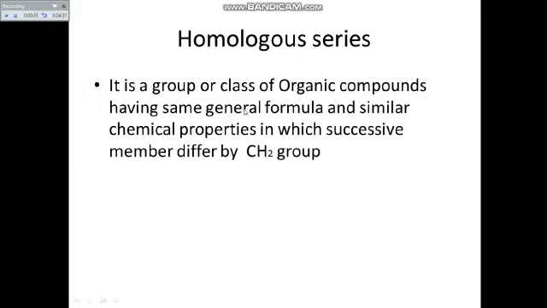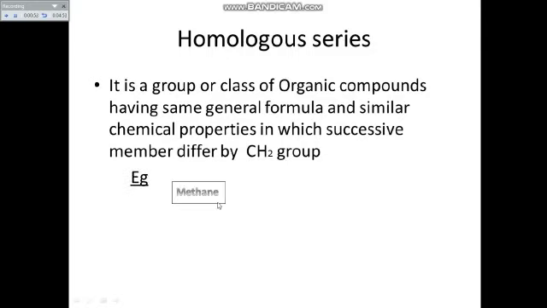For example, alkane. In the alkane group, all the members have the same general formula, CnH2n+2, as we already discussed, and all members have the same chemical properties. Successive members differ by a CH2 group.